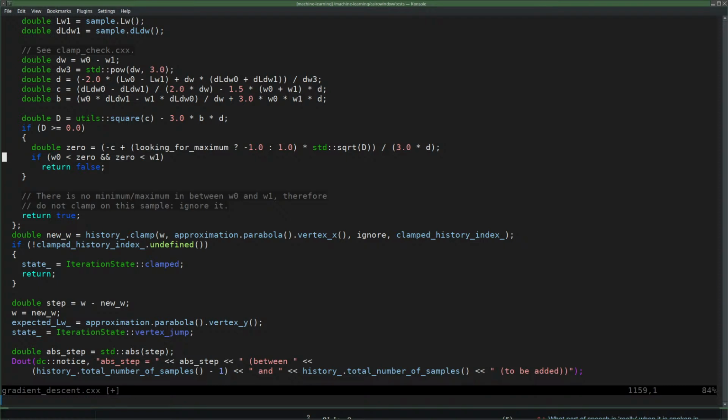Yep, okay. What is a good way to test if something is in between two variables if you don't know which one is larger?